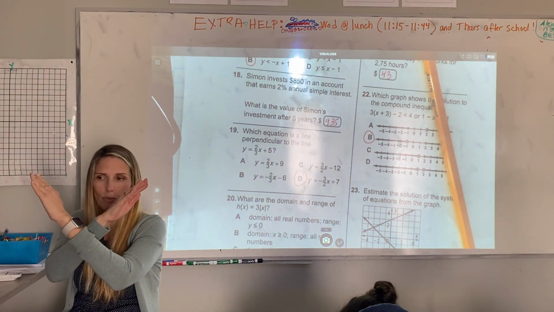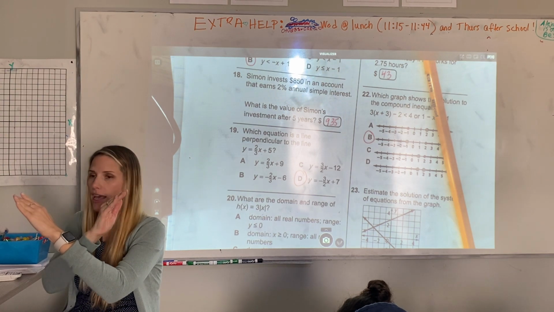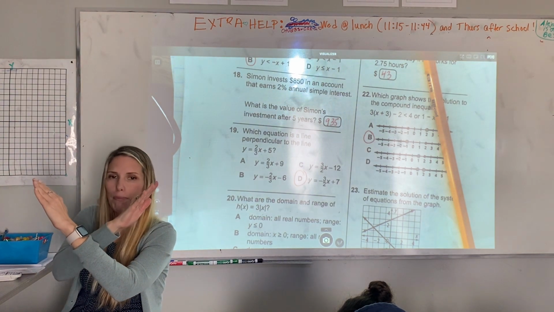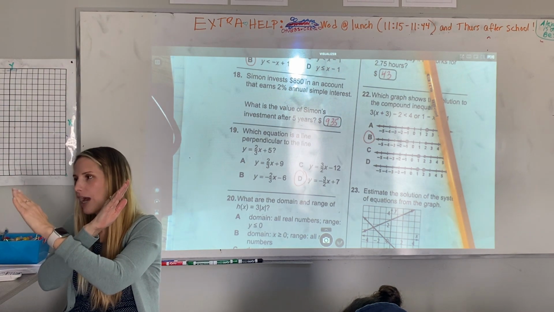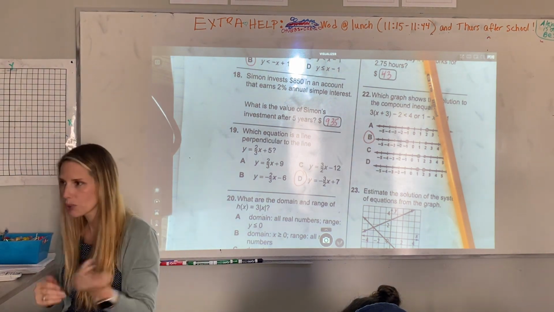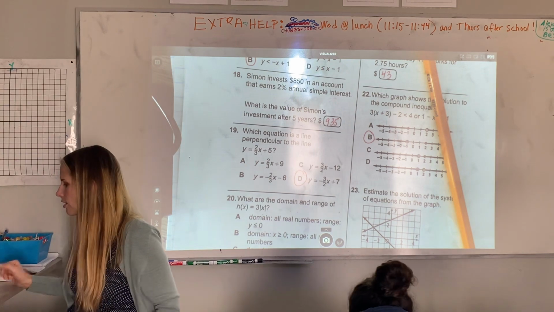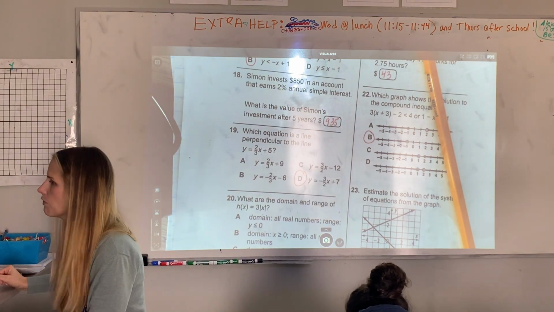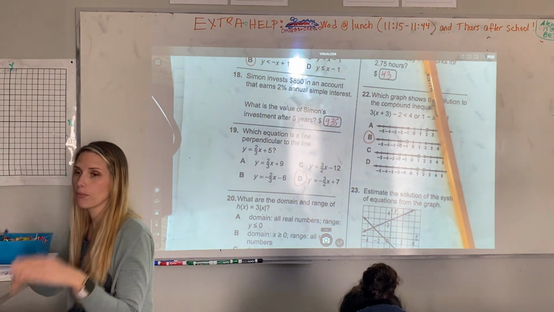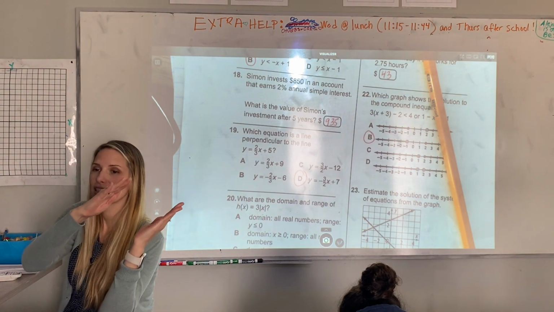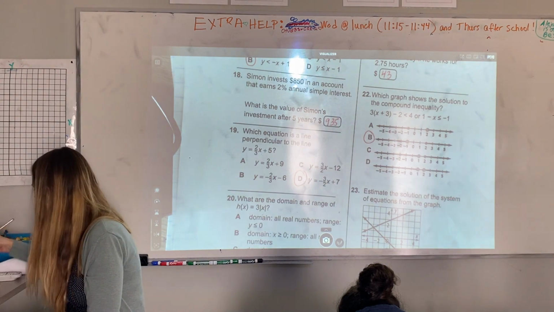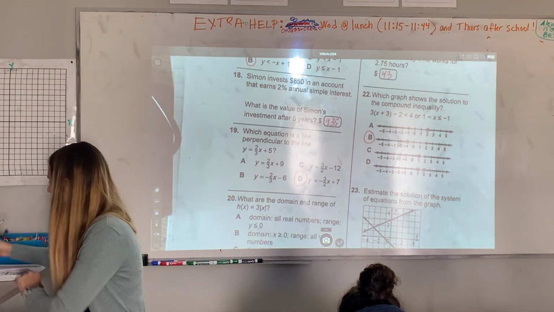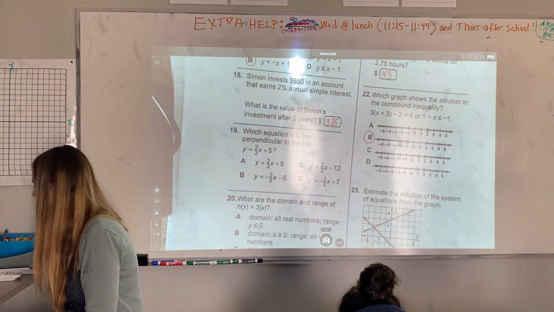If this one's moving up 2 over 3, then this one has to be moving down 3 over 2. It's just going in the complete opposite direction. That's why opposite reciprocal for perpendicular lines, and for parallel lines, exact same slope. Okay? That's number 19.